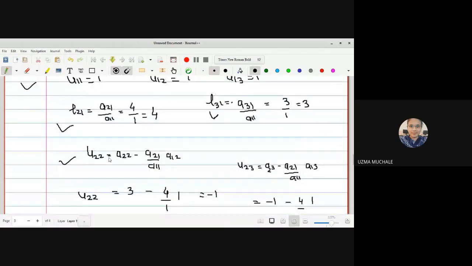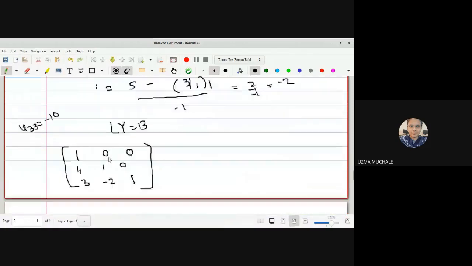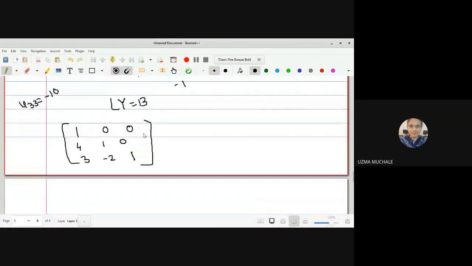Into y. What is y? It is unknown. We have to solve the system for finding the values of y, is equal to, now we know b. B is b1, b2, b3, which is 1, 6 and 4.